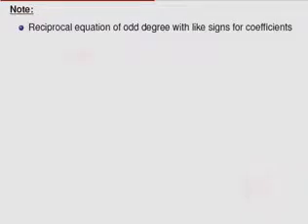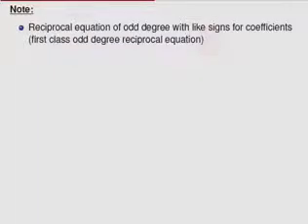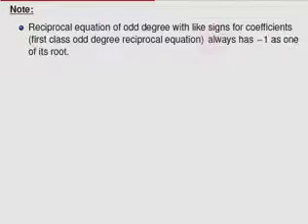Note: a reciprocal equation of odd degree with like signs for coefficients, that is a first class odd degree reciprocal equation, always has minus 1 as one of its roots.